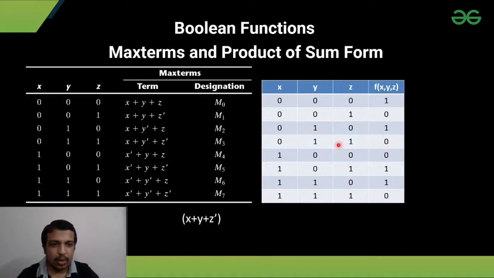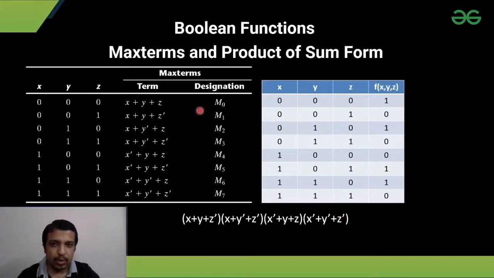For the next 0 we have 0 1 1, which can be written as x plus y complement plus z complement. Then the next 0, x is 1, y is 0, and z is 0. So this is x complement plus y plus z. And for the last 0, x is 1, y is 1, and z is also 1. So we can write it x complement plus y complement plus z complement.